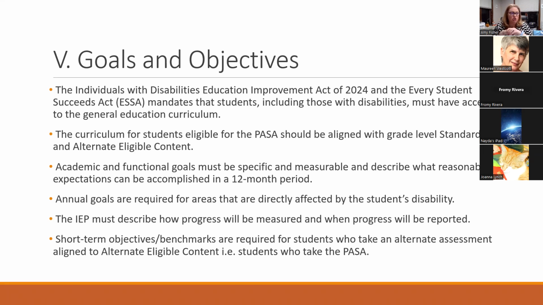Every IEP should describe how progress will be measured and when progress will be reported. So in this section, Section 5, where the goals are, it should tell you, this is how often we're checking for progress, and this is how often we're reporting progress. And that's important. I've seen this in IEPs: progress will be checked 3 times per year.